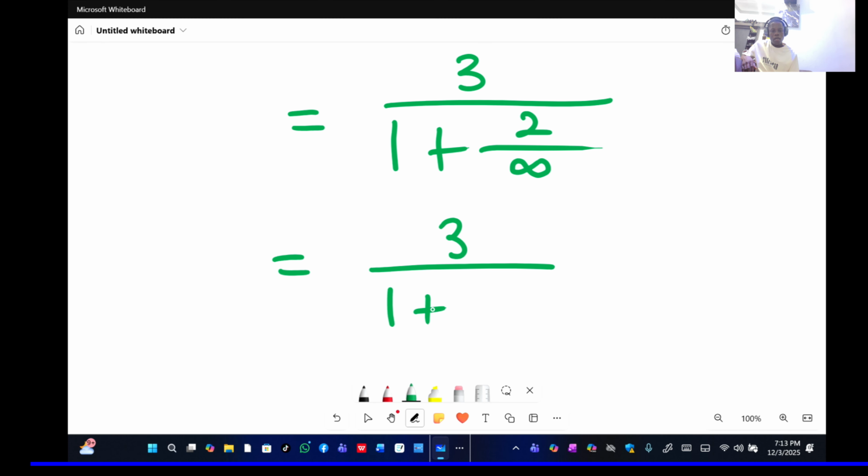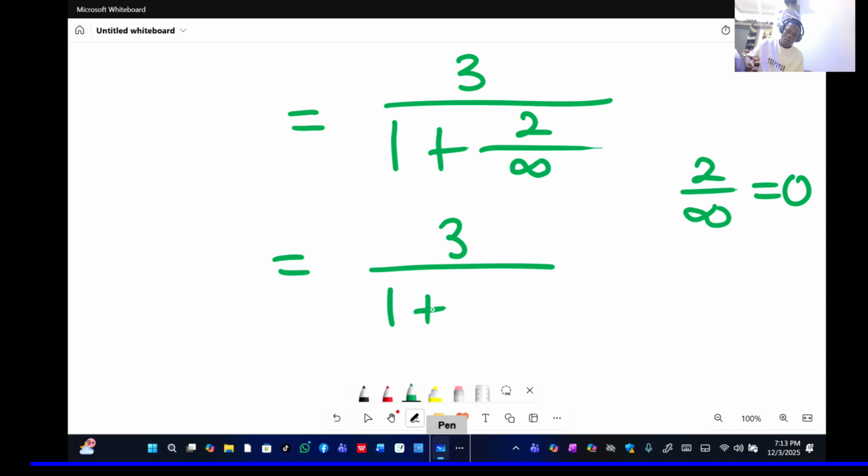Now we have learned in one of my previous videos that when you divide 1 by positive infinity, you are going to get 0. So since we have here 2 over infinity, this is also the same as 0.